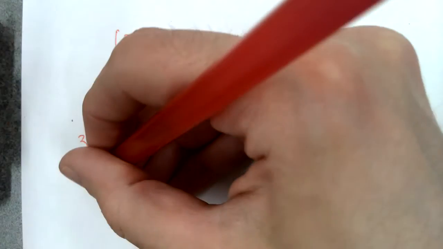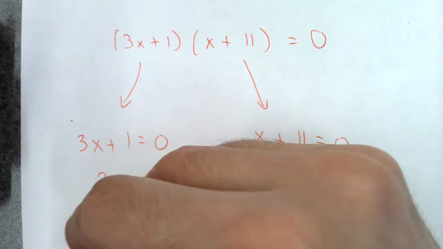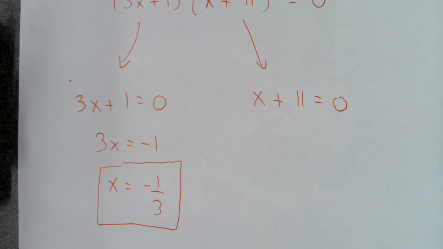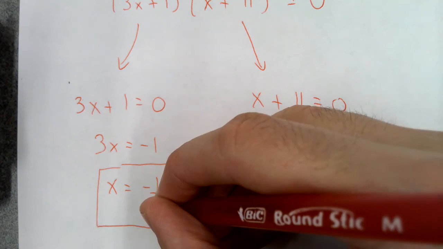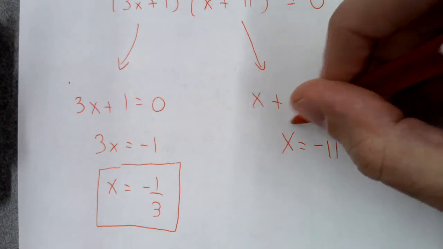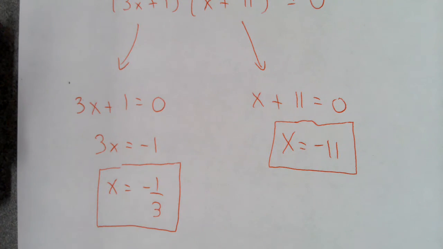On the left, you get 3x equals negative 1, so x equals negative 1/3. Just subtract 1 and divide by 3. On the right, you get x equals negative 11. And those are some common problems for solving a quadratic equation by factoring.